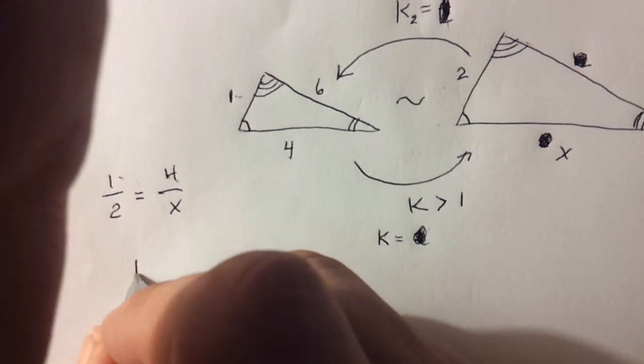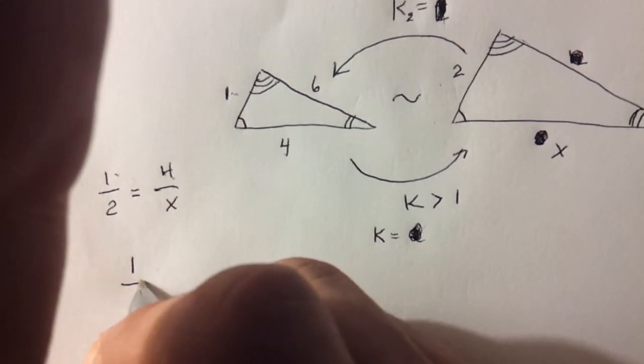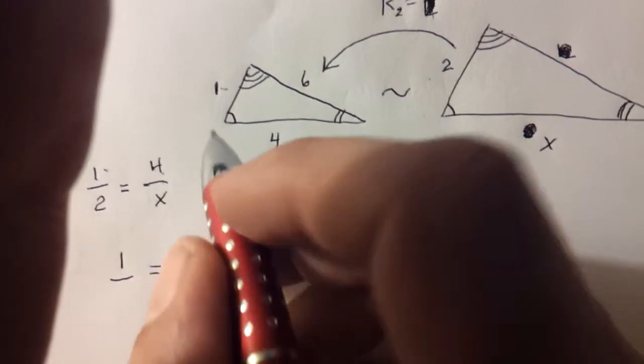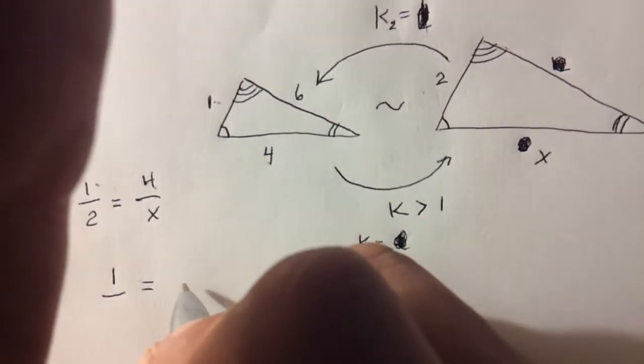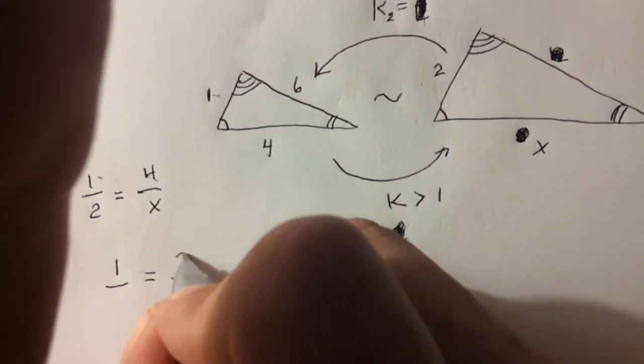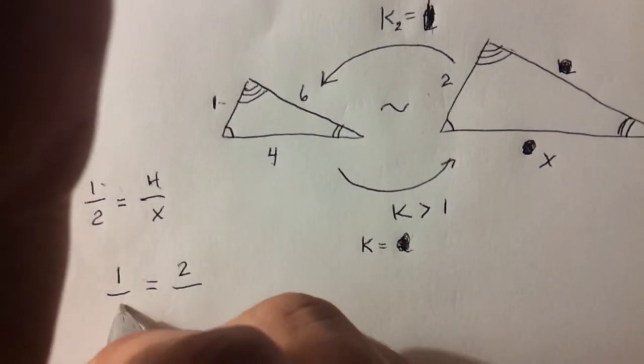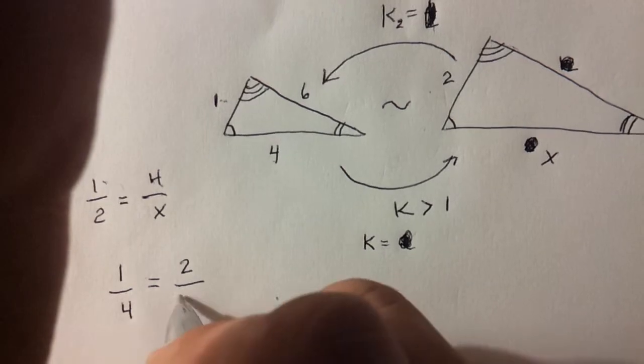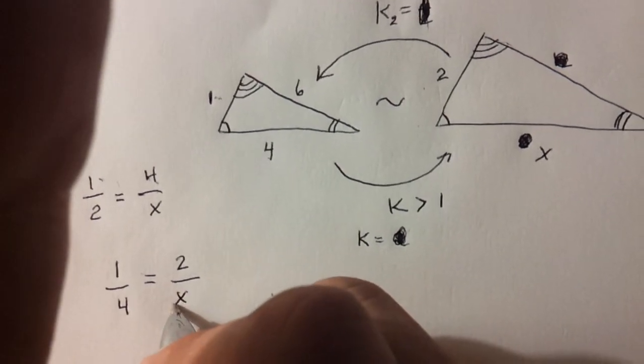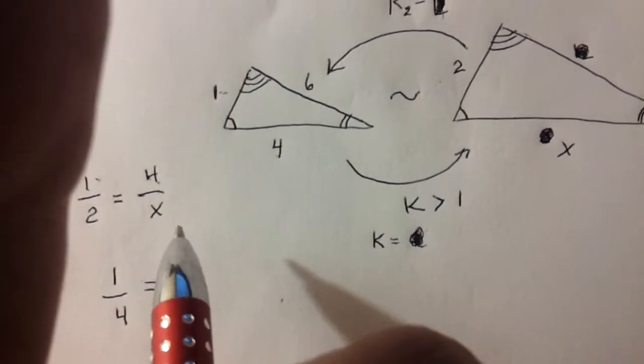What I'm going to do is say 1 right there, and I'll put the corresponding side over there. So 1 is to 2 as 4 is to x. Now you see the difference right here.